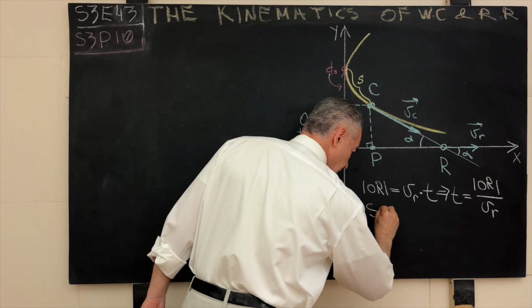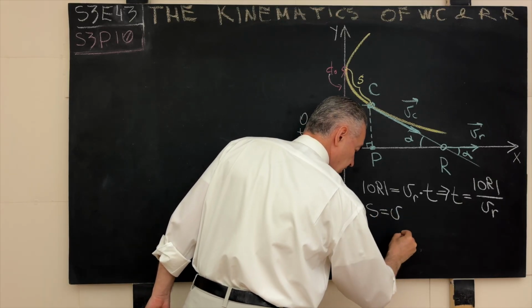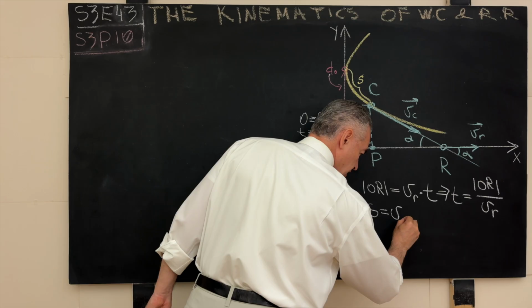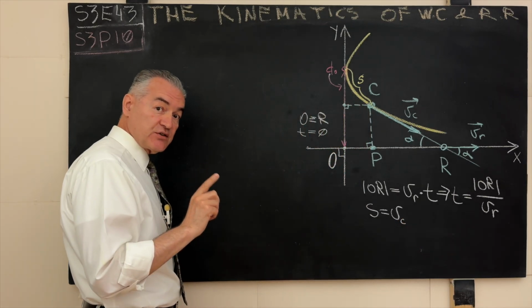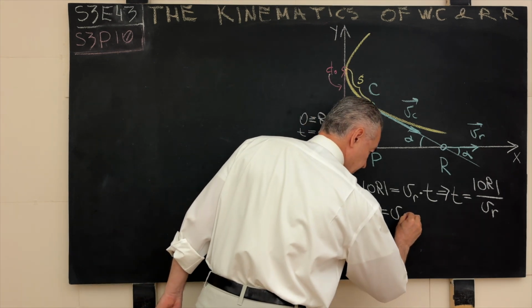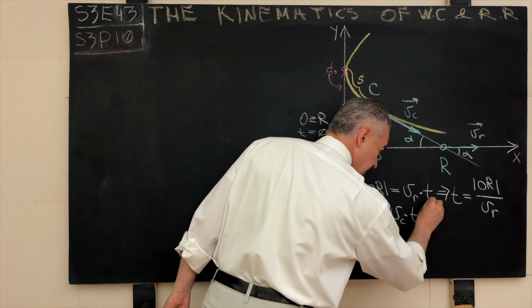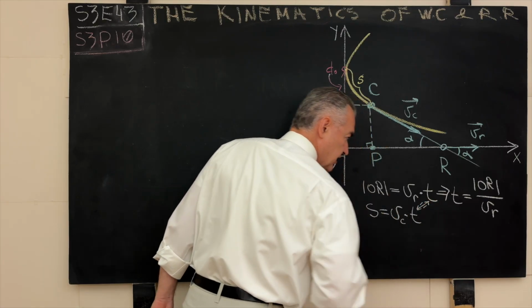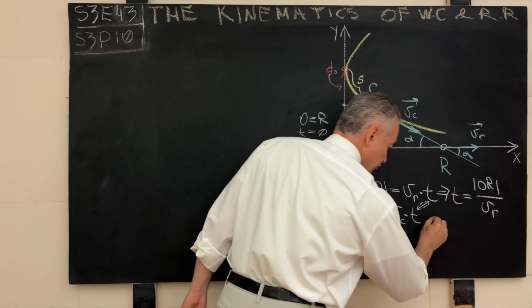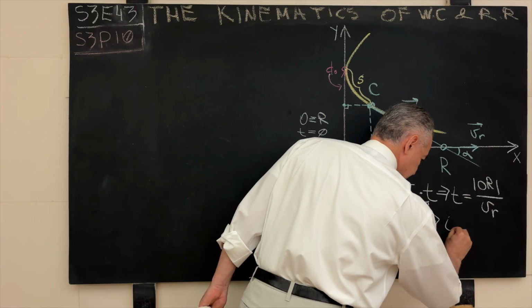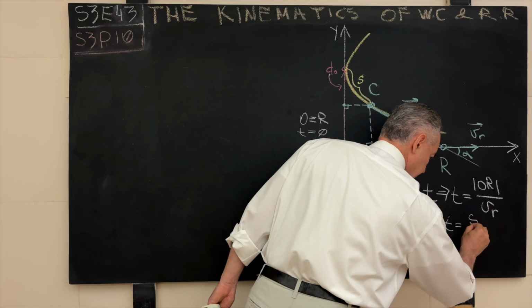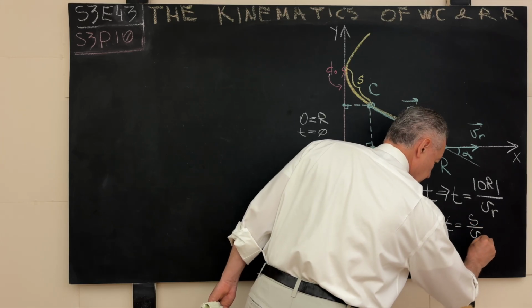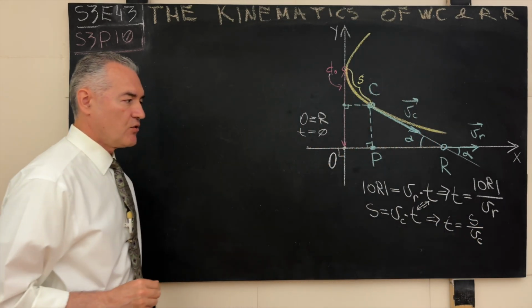That distance was covered in which way? It is given by the product of the magnitude of the velocity of the chaser, which is a constant quantity, times the same value, the same time t. See, the time t here and time t here, they are exactly the same. So from here, it follows that during the same time t, we have the following relation: S divided by vc, velocity of the chaser.